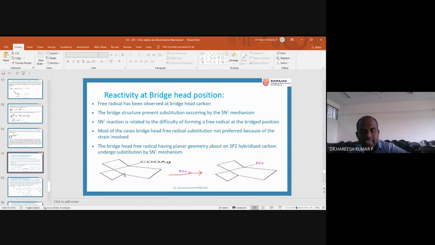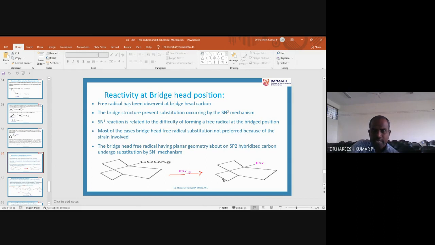So it's again a name reaction, and there is a possibility of forming a free radical on the bridge head carbon. So you know that normally an anion at the bridge head carbon is difficult because of the steric hindrance. So that is the reason. But since it is a radical, bridge head radical formation is possible.